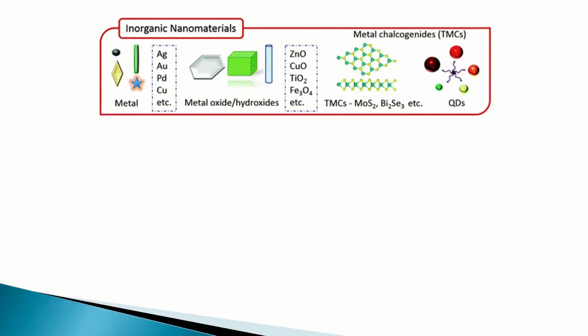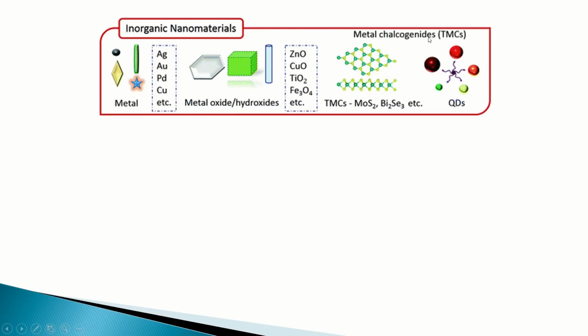Nanomaterials are of several kinds and one among them is inorganic nanomaterials. When I say inorganic nanomaterial, it could be metals like silver nanoparticle, gold nanoparticle, palladium nanoparticle, like that. And then you have metal oxides or metal hydroxides, example zinc oxide, copper oxide, titanium oxide, and then ferric oxide, or else it could be metal chalcogenides.